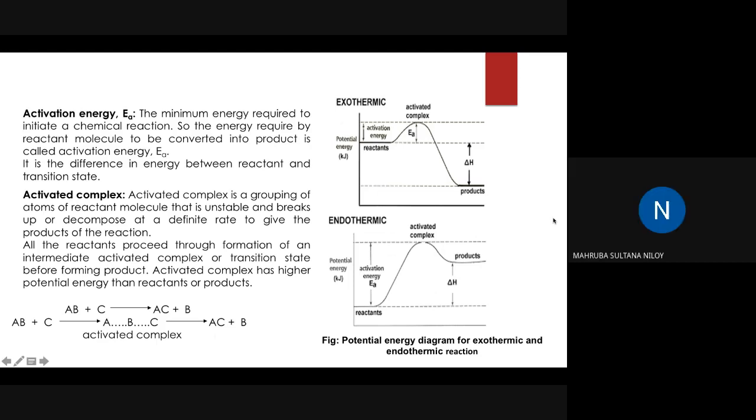Okay, and whether a reaction is exothermic or endothermic, we need to determine based on the energy of the reactant and product, okay? Is it clear? Yes, sir. So in this reaction, you can see the energy of the product is less or higher than the reactant.